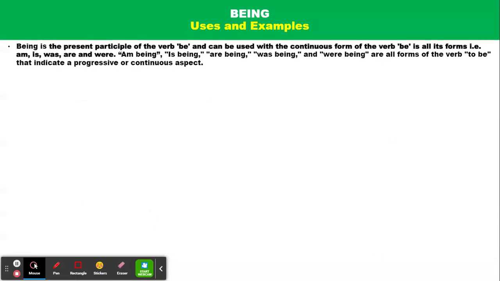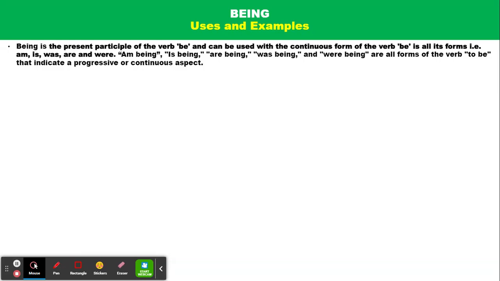And then this brings us to being, B-E-I-N-G, and we want to look at the uses and examples. Being is the present participle of the verb be and can be used with the continuous form of the verb be in all its forms, such as am, is, was, are, and were.